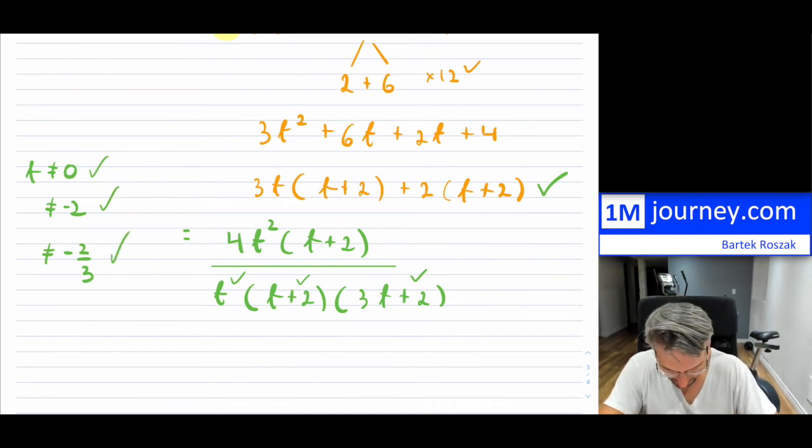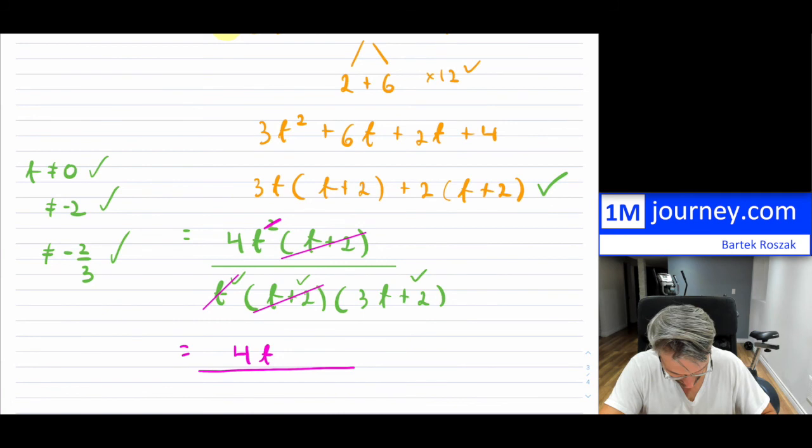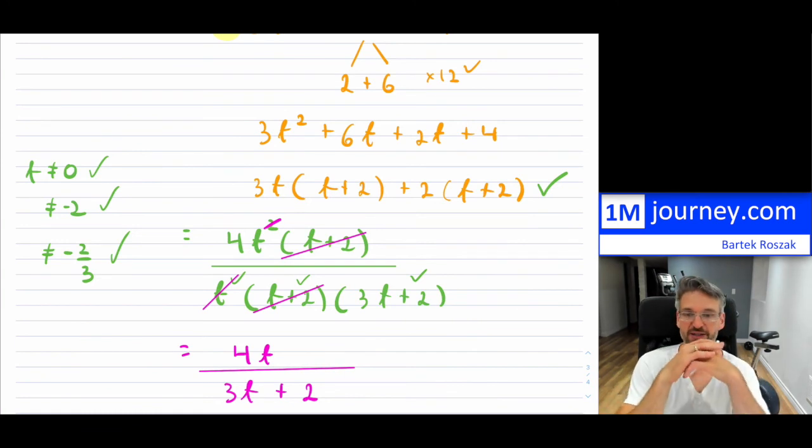Now, there's going to be quite a lot of factoring. This one is gone with that, and one of these is gone with this, and that's going to be 4t divided by 3t plus 2. All right, so that's what we're going to run into.